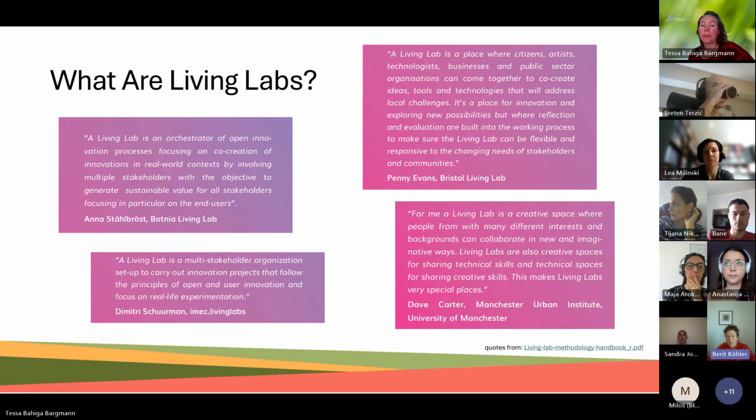It's a place for innovation and exploring new possibilities, but where reflection and evaluation are built into the working process to make sure the living lab can be flexible and responsive to the changing needs of stakeholders and communities. And this gives us a little gist about the spectrum of ideas that we are talking about here.